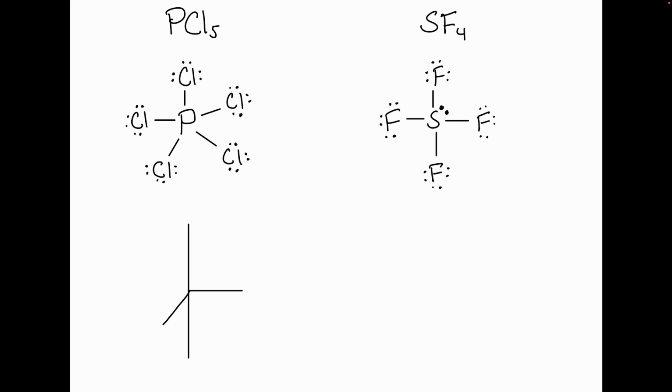Trigonal bipyramidal. And that was that shape that we did before. We have a little T, we have one bond sticking out at us, and another one pointing into the page here. Okay, and since phosphorus pentachloride doesn't have any lone pairs on that central phosphorus, its molecular geometry is also trigonal bipyramidal.